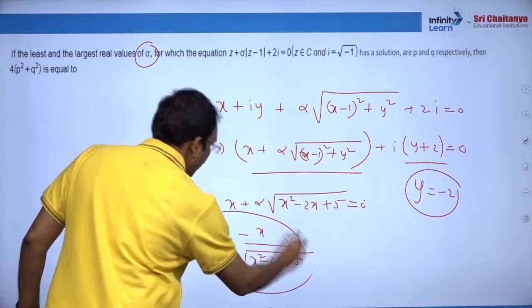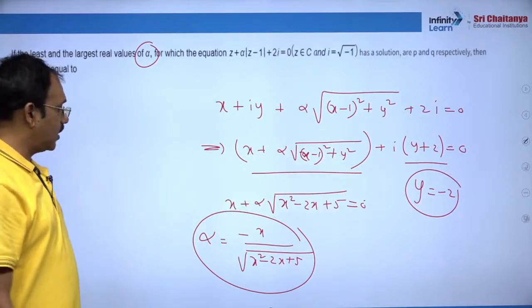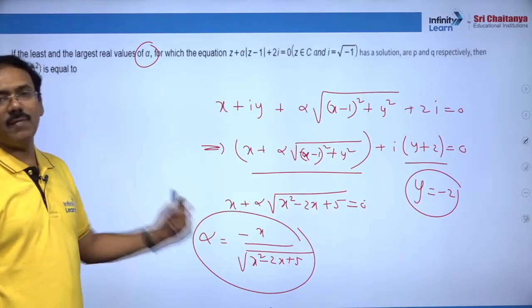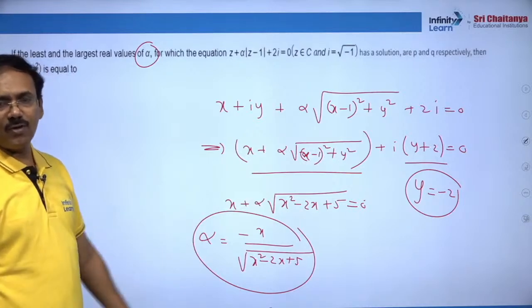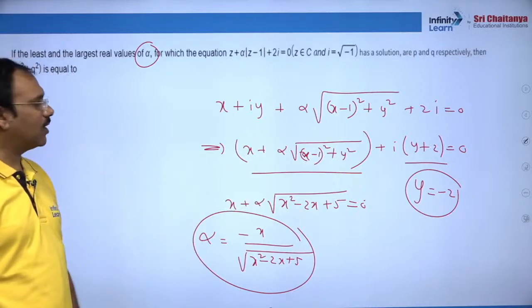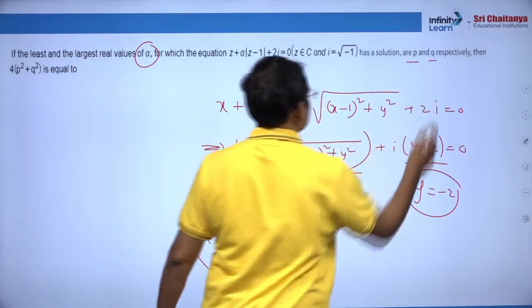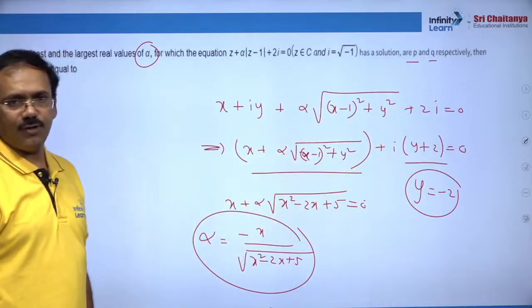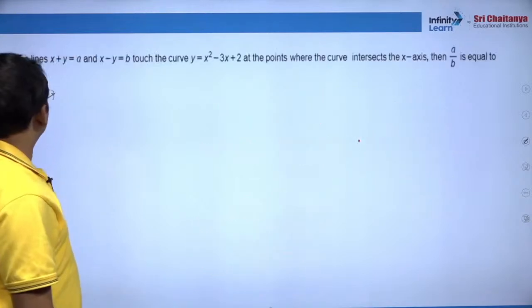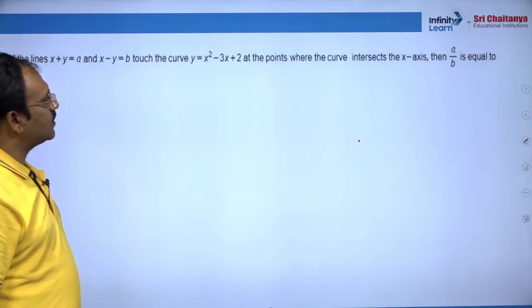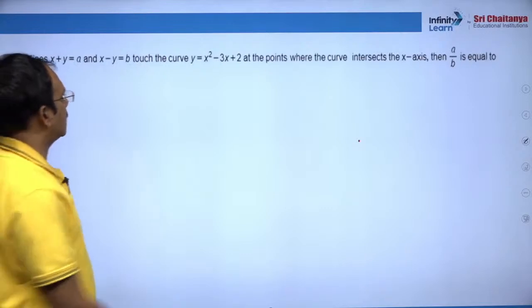You know alpha is this expression, my dear friends. Now, with the help of derivative, you can find its minimum value and maximum value. Linear by root of quadratic, with the help of derivative you can find p and q values, minimum and maximum values you can substitute. Okay, fine.